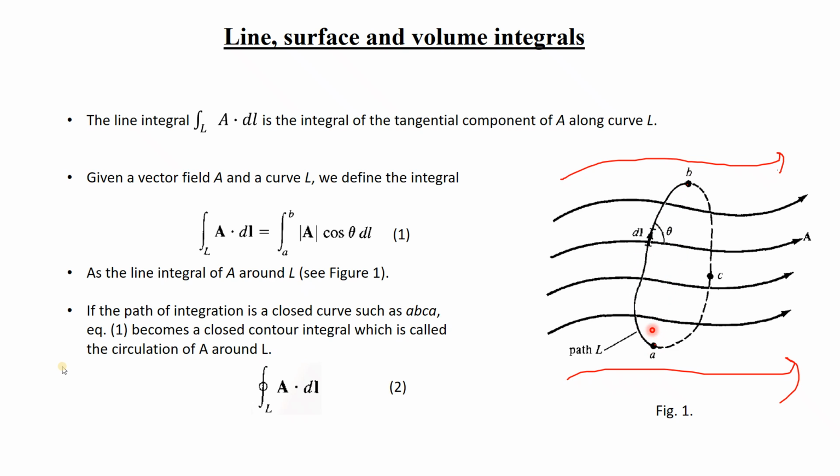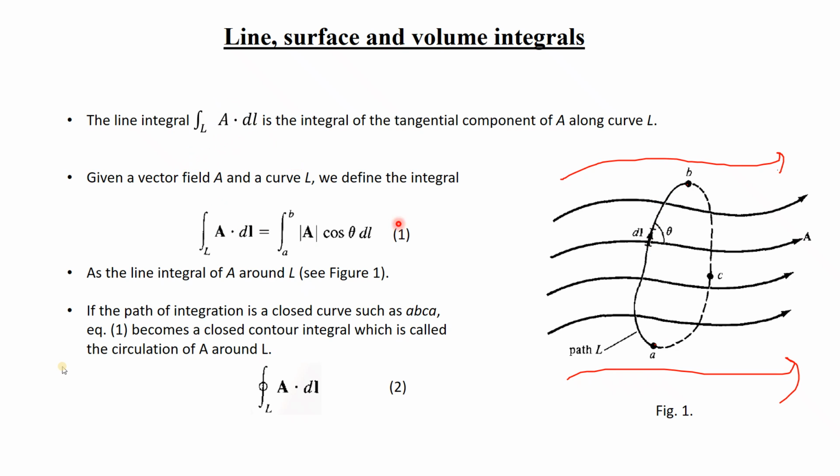So we are traveling this path. We will divide the path into small segments. Each segment length is dl, and we will integrate that. A line integral of a vector means that you have a vector and you are traveling from one point to another point in that vector. So line integral means the vector along the particular path.